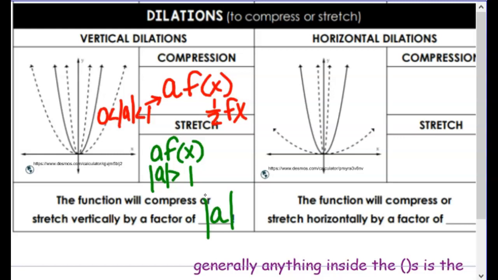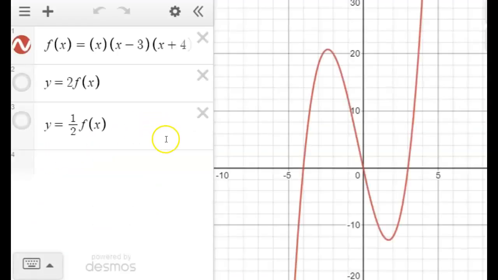Everybody get that? All right, I have a gift for you. I spent some time on this. So this is a function. This is my plain old f of x, okay? What do you think a 2 is going to do to that? A multiplied 2 onto the whole function.